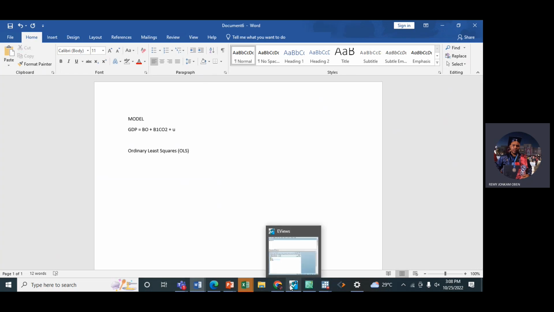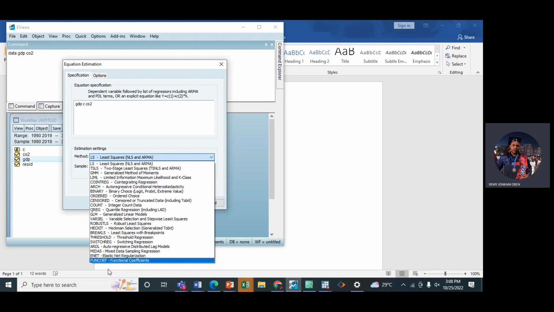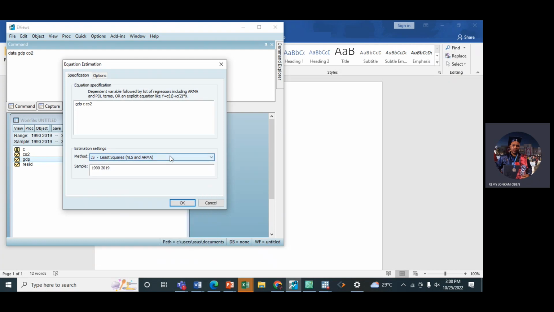There are other techniques EViews can use, like maximum likelihood, but this is the technique that EViews uses by default, and this is the technique that we are going to use throughout this course for regression. So here it says method least squares. Don't change it, just allow it. By default, you will always see least squares. If you want to look, you discover that you have many other methods, but we are using least squares. So leave it the way it is.